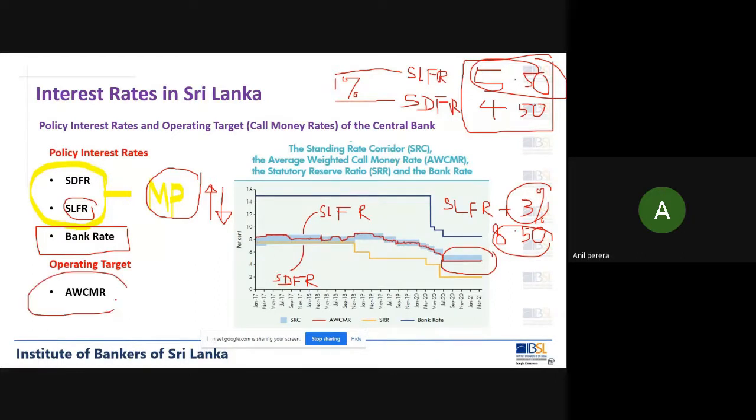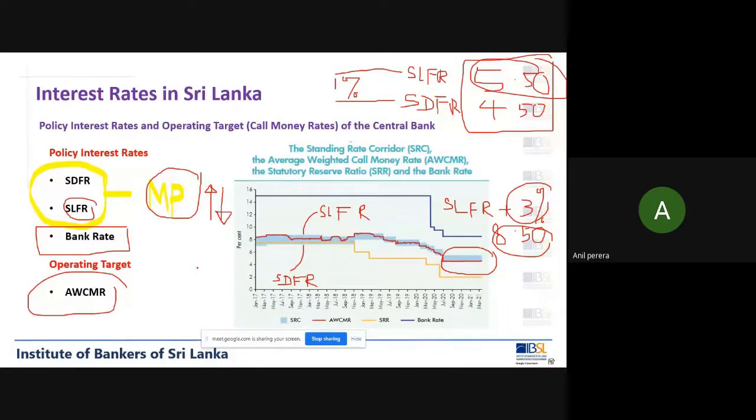It's called AWCMR, the average weighted call money rate, which is the rate at which banks fulfill their funding needs in the call money market. The average rate where banks fulfill their funding needs in the call money market.